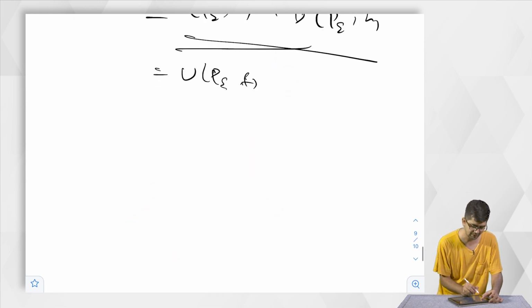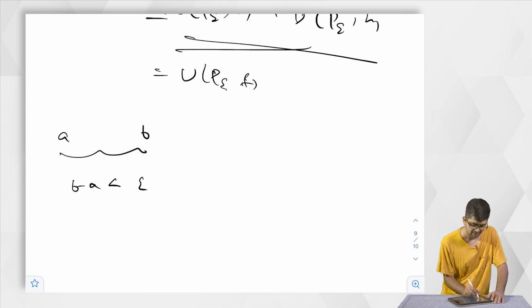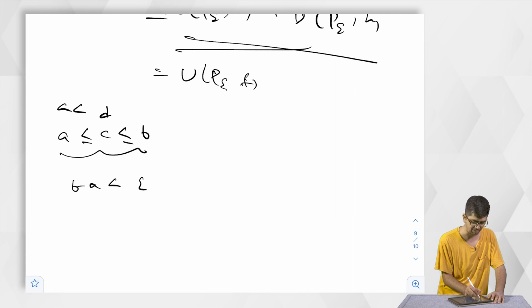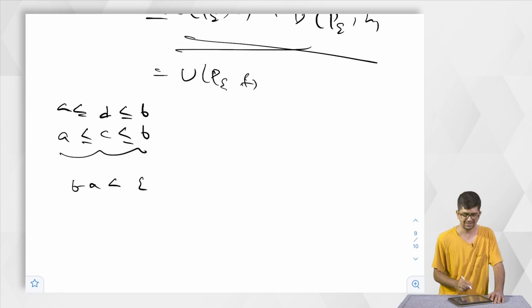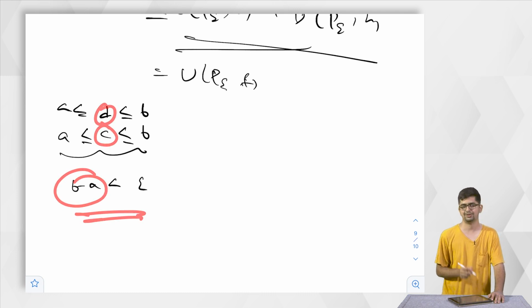Now we have two elements, say a and b, such that the length of this, b minus a, is less than epsilon. Now we have two other elements, say c and d, both lying in this interval. Then the condition b minus a being less than epsilon implies that the distance between c and d is also less than epsilon.